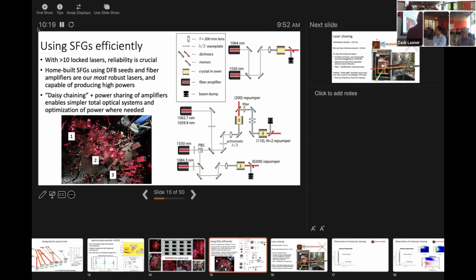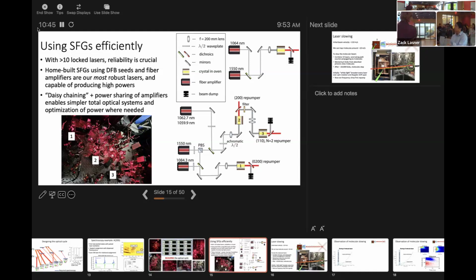Another nice thing about these home built systems is you can buy a couple of fiber amplifiers, which are really the expensive part of the system, and then seed one amplifier with multiple wavelengths. The amplifier will amplify both of those up to the total power being the max the amplifier can generate. And then you can send that through one crystal, which is tuned to use one of the seed wavelengths to give you the visible light you want.